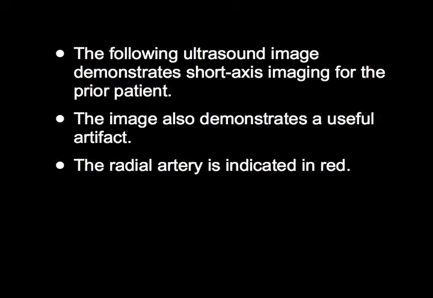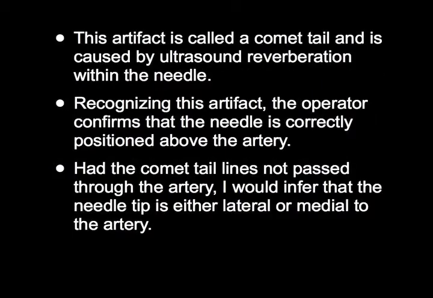The following ultrasound image demonstrates short-axis imaging for the prior patient. The image also demonstrates a useful artifact. The radial artery is indicated in red. This artifact is called a comet tail and is caused by ultrasound reverberation within the needle.